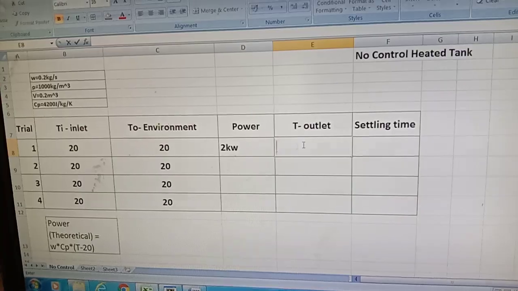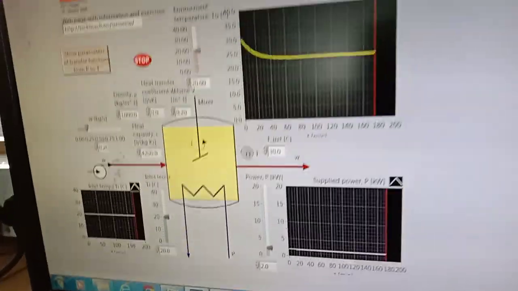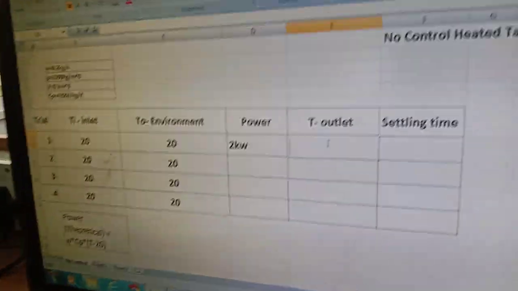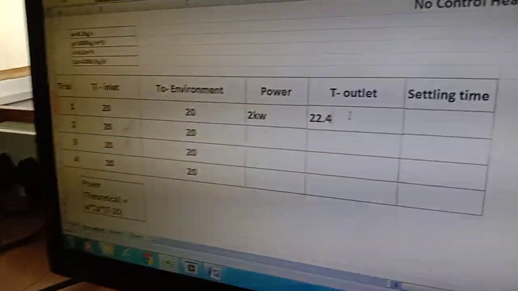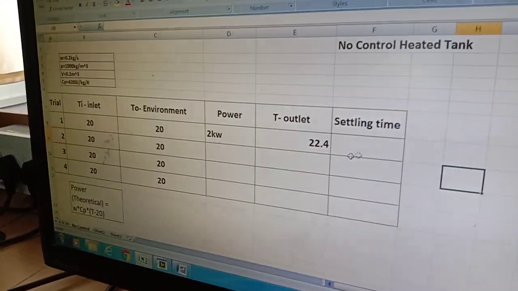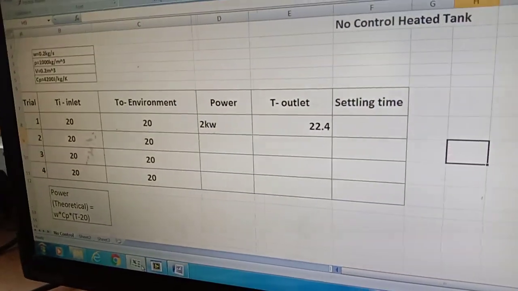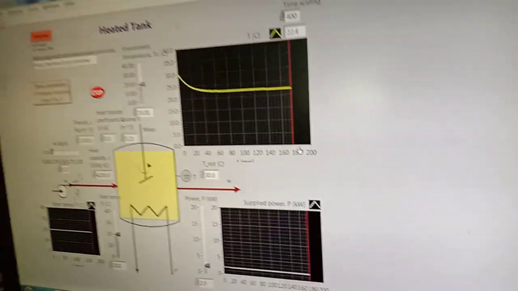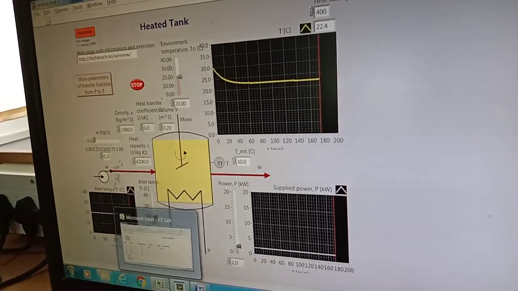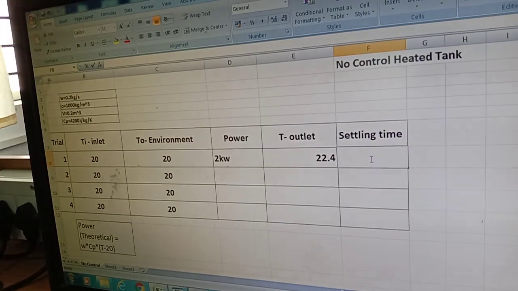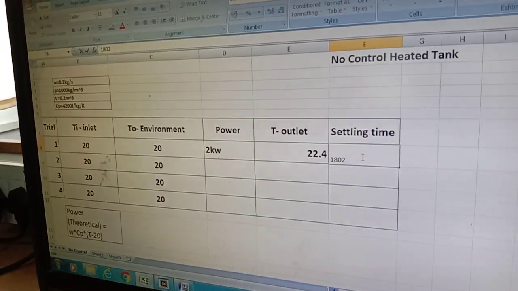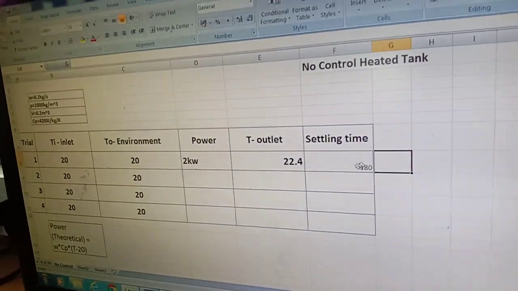What was the temperature output I got? I got 22.4 degrees Celsius, and the settling time is around 180 minutes. So I have to note down that 180.